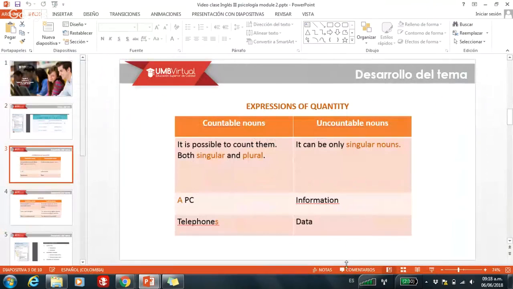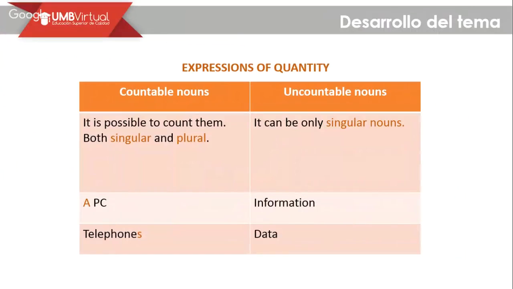And here we're going to start talking about different things according to this part, expressions of quantity. When we use expressions of quantity, we really want to talk about some information, as you can see right here. It could be when you want to say something or a noun which is countable or uncountable.